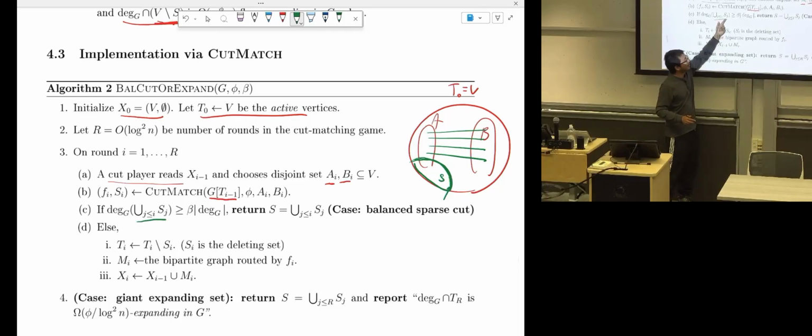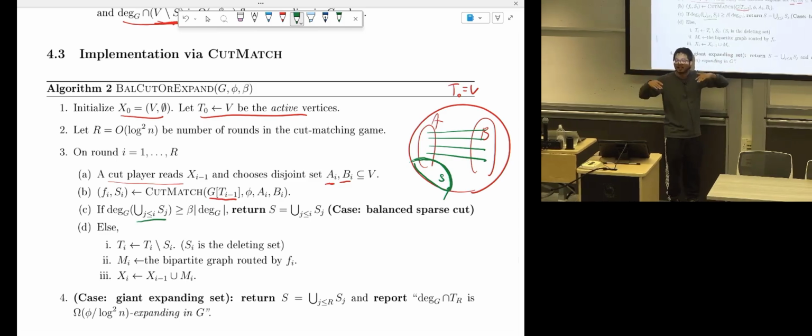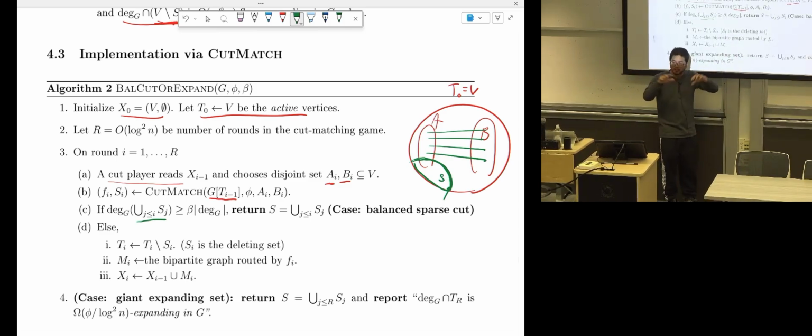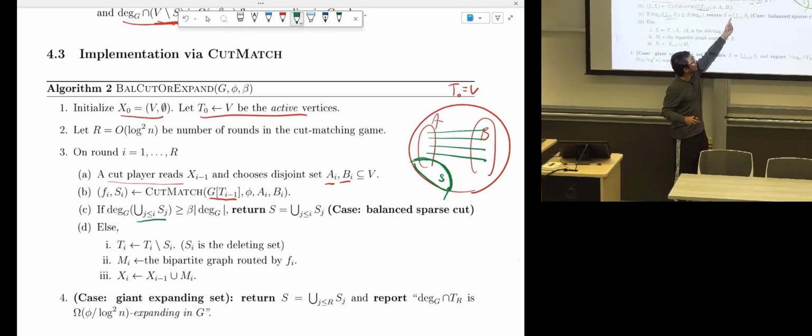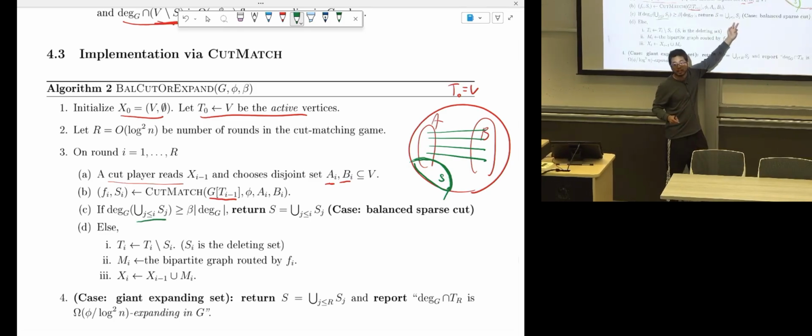This S_j is going to be a disjoint sparse cut. If the union of all these sparse cuts so far is bigger than our balance threshold, then we are done. We get the union of sparse cuts, which is sparse and balanced. So we can just return the union and say that we are done. We get a balanced sparse cut.